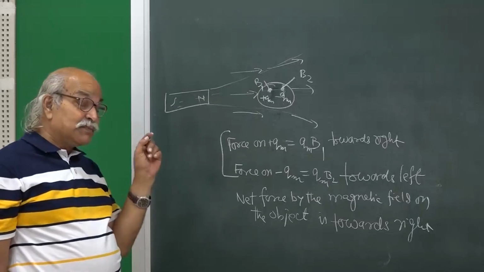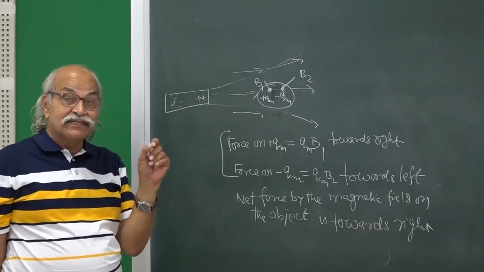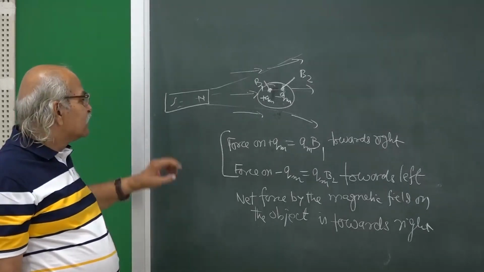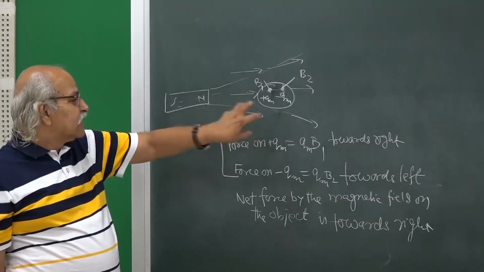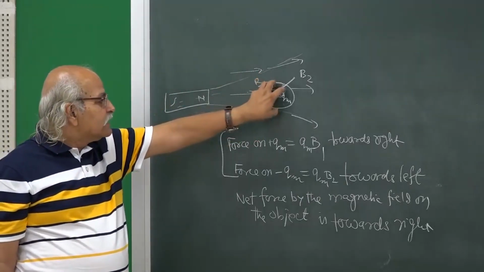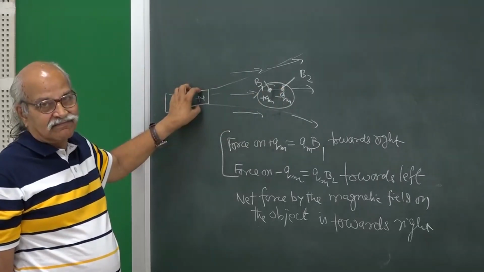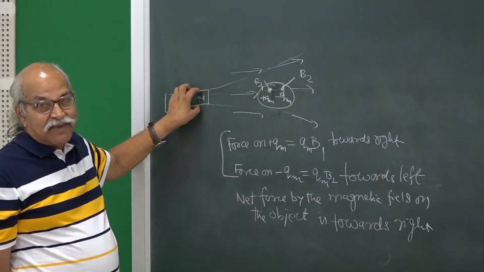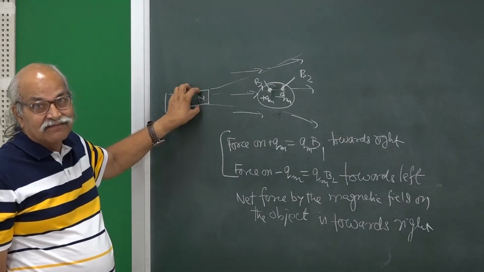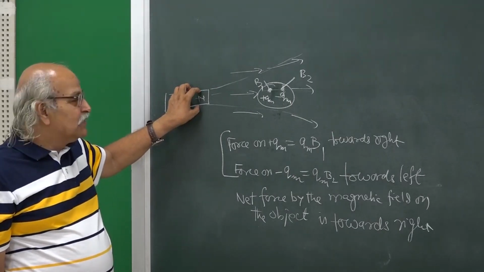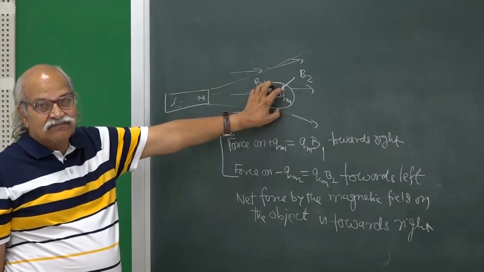But the essential point I want to bring from this discussion is that when you bring a diamagnetic material close to a magnet, the magnet repels it. Initially it was unmagnetized.